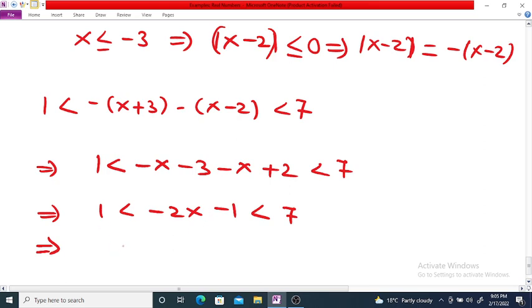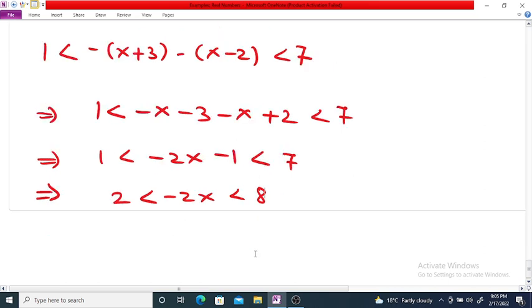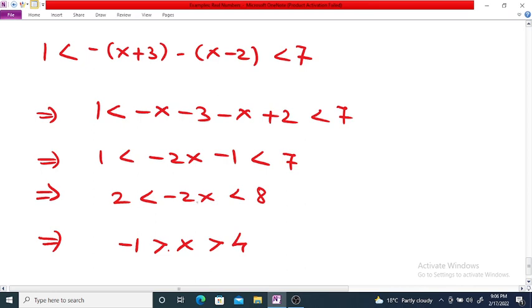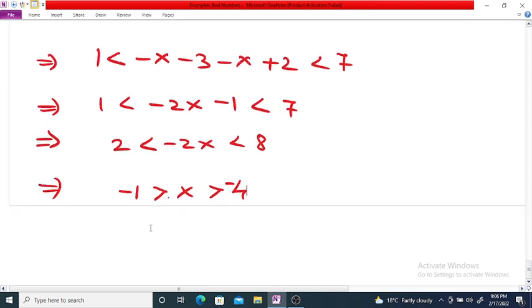If we add 1 on both sides, we get 2 < minus twice x < 8, and if we divide by 2 on both sides, we get 1 < minus x < 4, and dividing by minus, minus 4 < x < minus 1. So here we get the solution: x lies between minus 4 and minus 1.